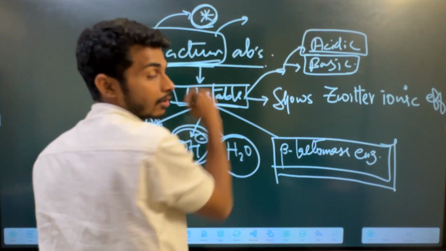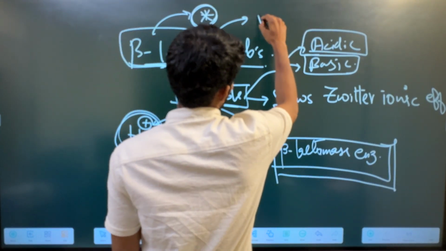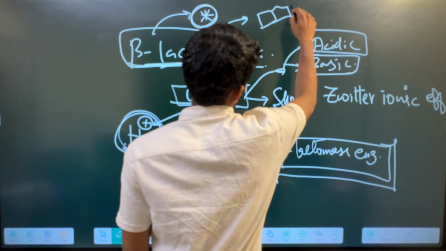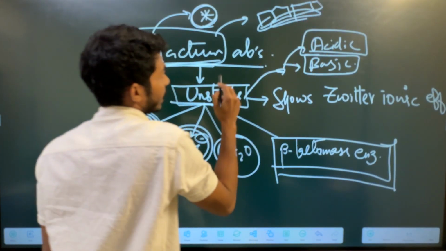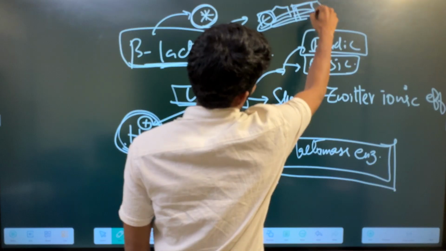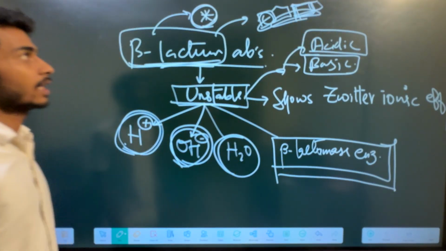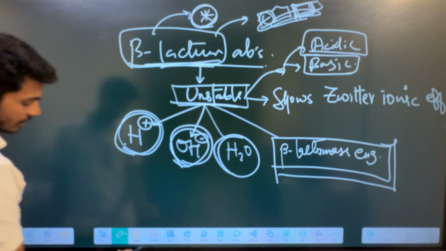Why? Because it goes and fixes with the cell wall of bacteria. Where does it fix? On the NAG and NAM, there only. Four-member structure. So on the NAG, N-acetyl glucosamine and N-acetyl muramic acid, which are very important, on that only the beta lactam ring fixes and it shows its activity.